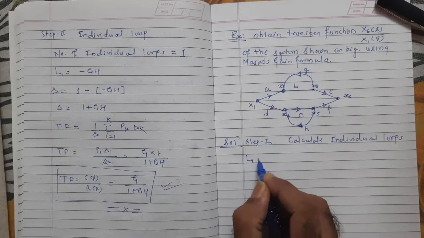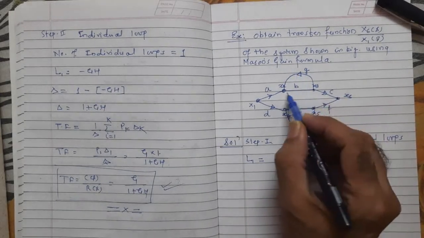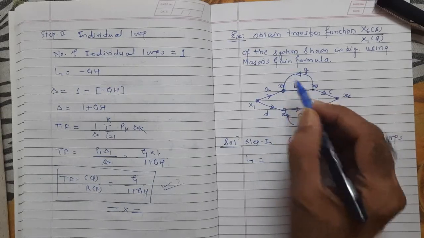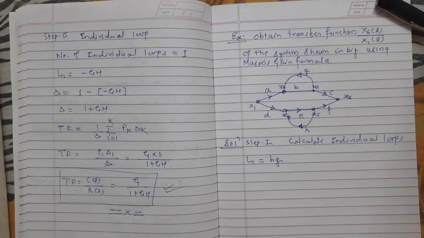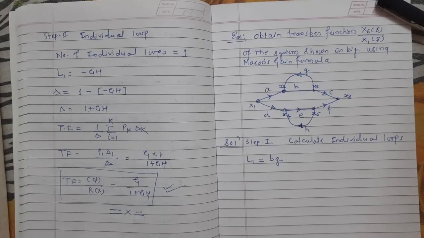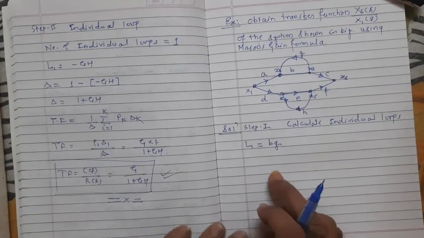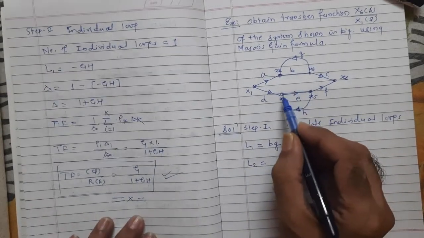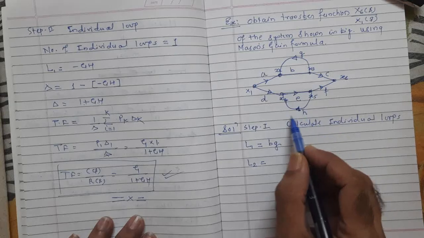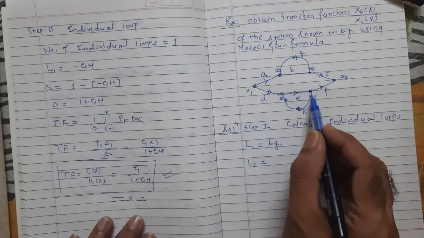So L1 is equal to, this is B and this is G, so the gain is B multiplied by G. So this is our first individual loop. Second, L2. From x4 to x5 and x5 to x4, again it forms one closed loop.